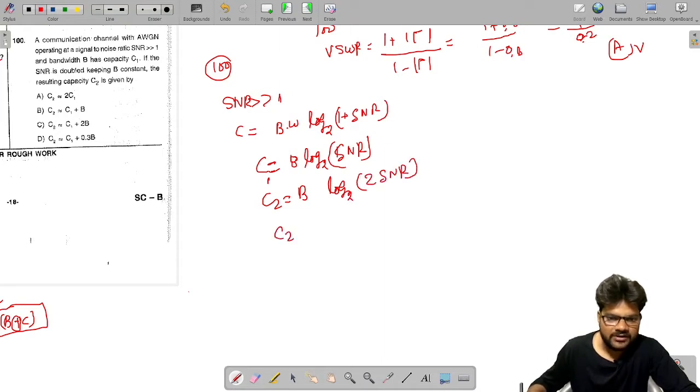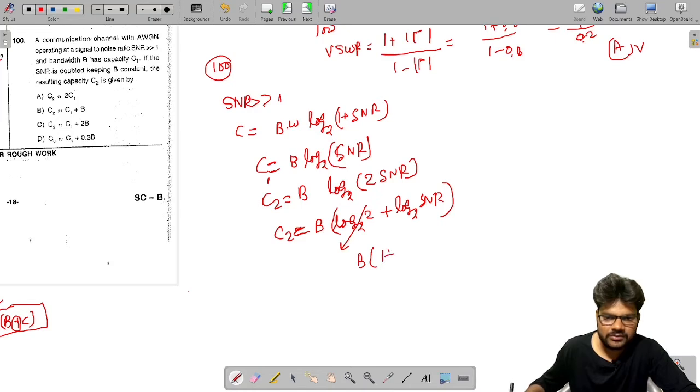So what will happen, C2 equals to B log 2 plus log 2 SNR. Okay, so log 2 this is going to be 1, then we can write B into 1 plus log 2 SNR. Now let us multiply B, this is going to be B plus B log 2 SNR.